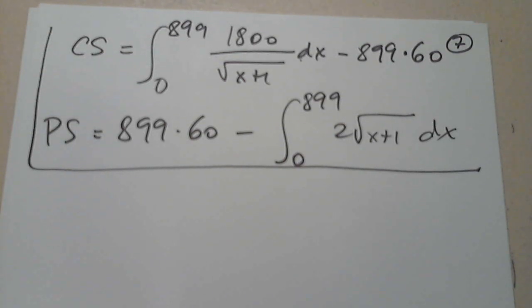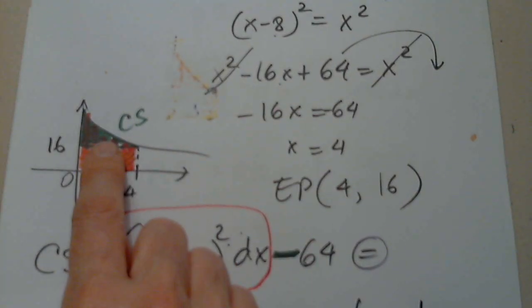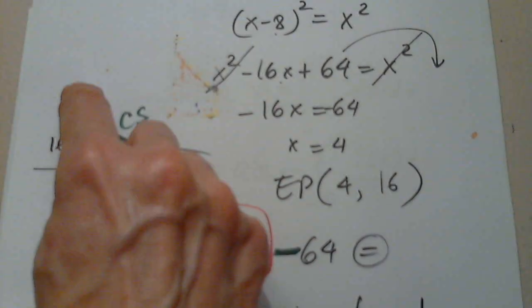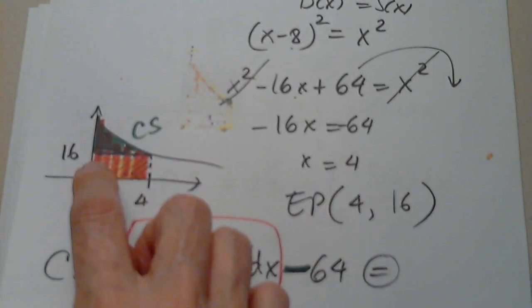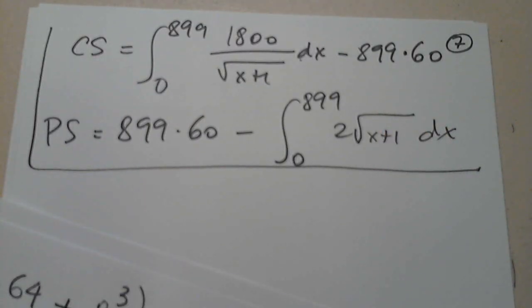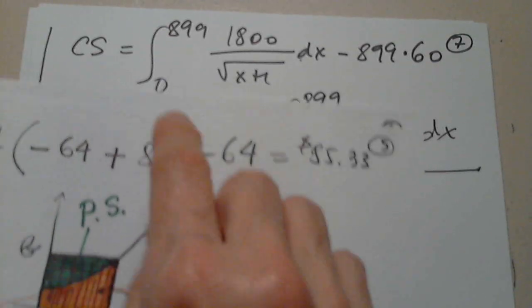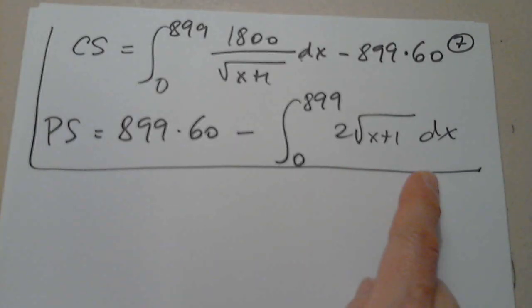This is very easy once you understand the graph. So to determine the consumer surplus, I take the area under the demand function and I subtract the area of the rectangle. But for the producer surplus, from the area of the rectangle, I subtract the area under the graph of the supply function.